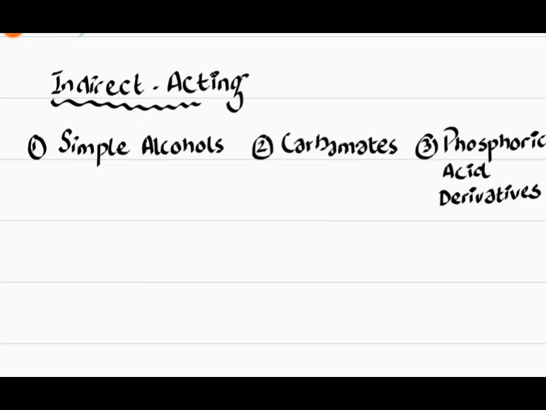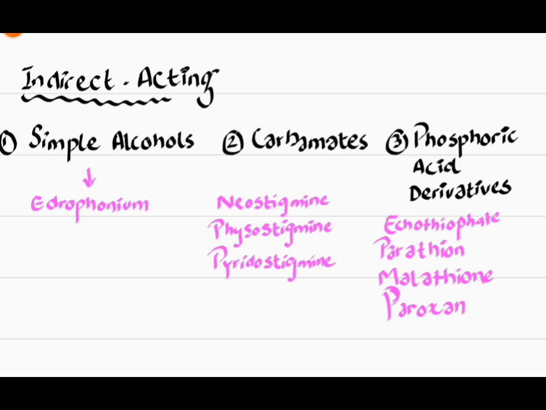The other division is indirect acting parasympathomimetic drugs, and it has three classes: the simple alcohols, the carbamates, and the phosphoric acid derivatives. In the simple alcohols, we have edrophonium. In the carbamates, we have neostigmine, physostigmine, and pyridostigmine.